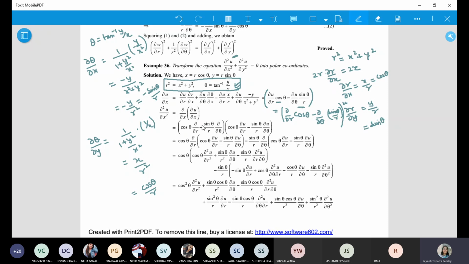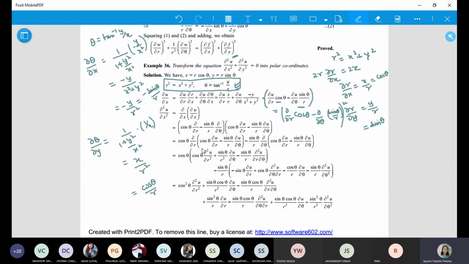My only point was to make you realize that whenever you write del by del x, you can write it as an operator. Like here it is used as an operator, and you are operating it on del u by del x, which you have calculated here. When you apply it, you take it in two terms: cos theta into del by del r of the whole thing, minus sin theta by r into del by del theta of the whole thing.